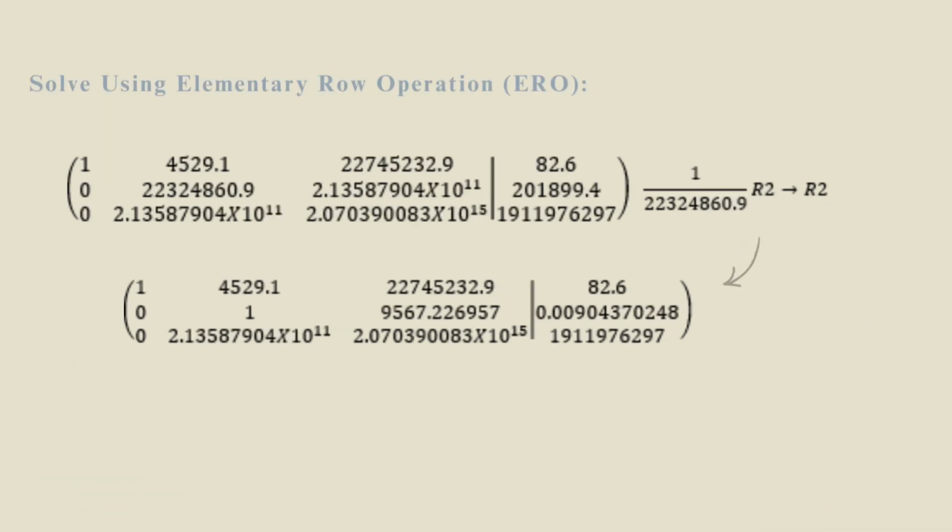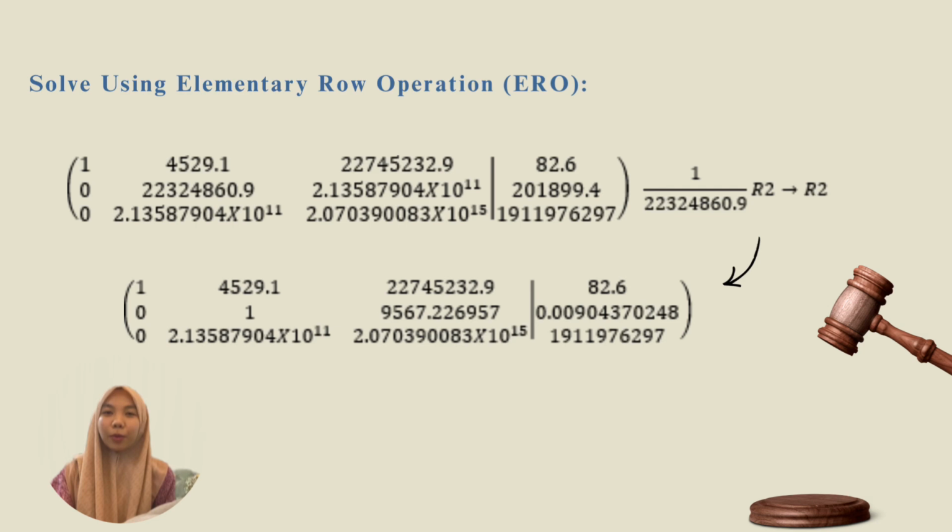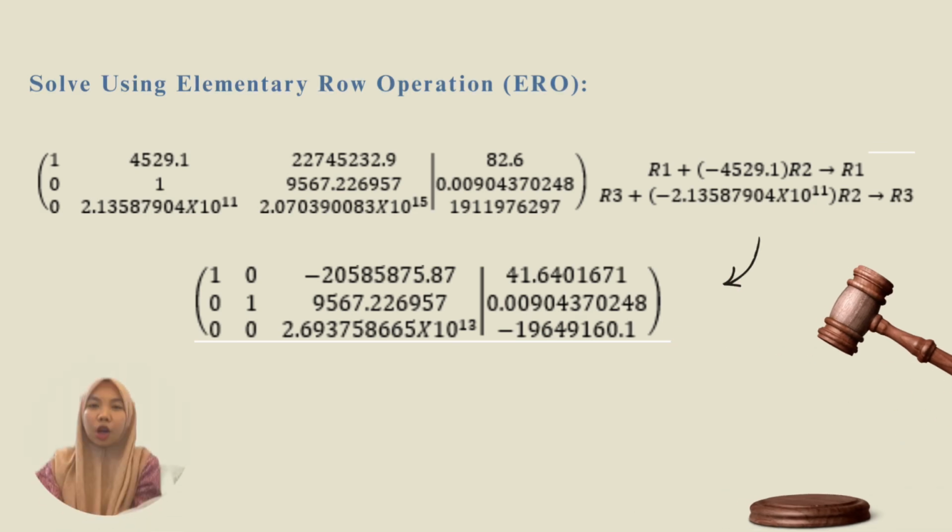After that, we will focus on finding the second leading 1, which is in column 2. So, we multiply row 2 by 1 over 2232486.9. Then we will get the second leading 1. By using the reduced row echelon form method, we need to make sure above and below the leading 1 are 0.